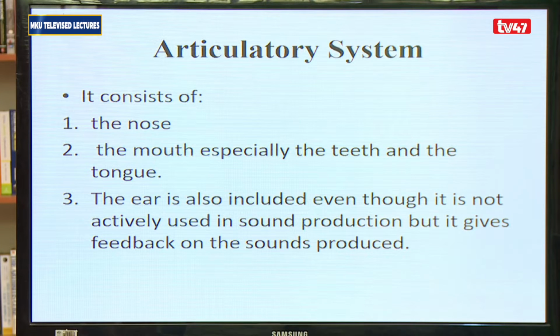And the teeth are the ones that play a big role in the production of sounds. We also include the ear because the work of the ear is to give us feedback. When I speak, it is your ears that perceive the sounds and therefore give feedback to either the hearer or the listener.